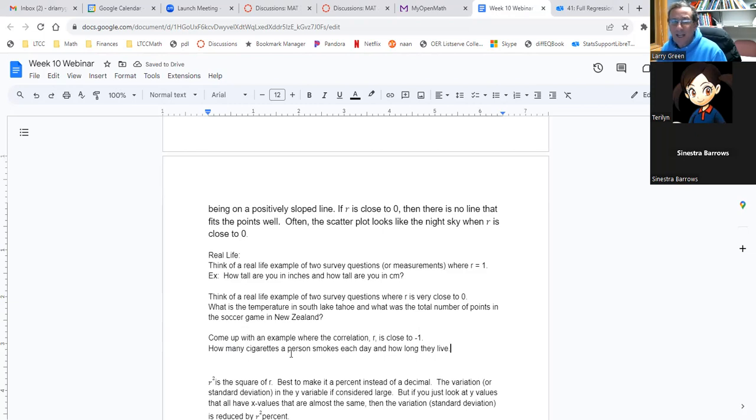Okay, so that actually has an R that's not exactly -1, but it's definitely closer to -1 than it is to 0 or 1. Because if you smoke a lot, and hopefully you know this, your chance of living long goes down a lot. Does that make sense?